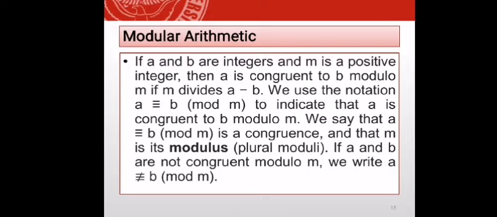We say that a ≡ b (mod m) is a congruence, and that m is its modulus, plural moduli. If a and b are not congruent modulo m, we write a ≢ b (mod m).